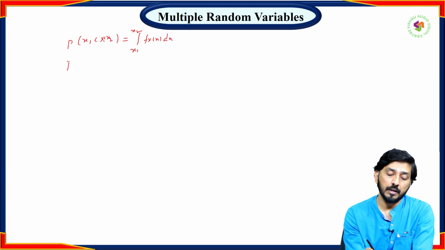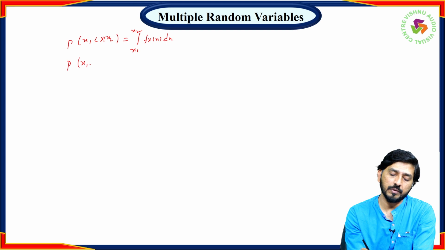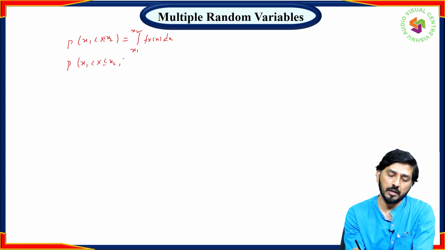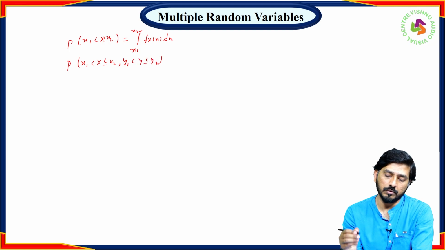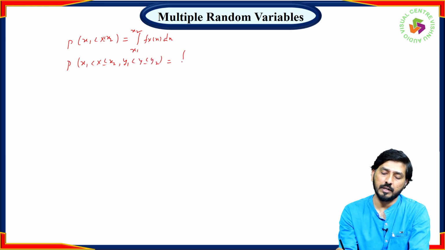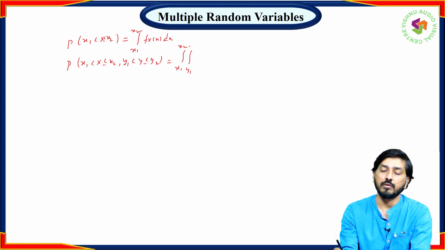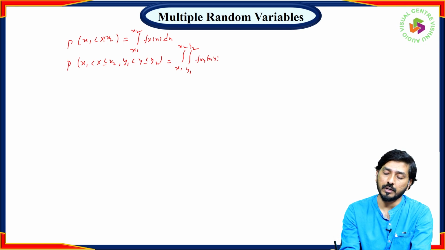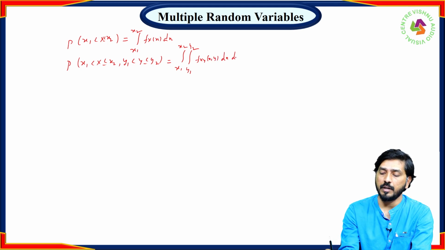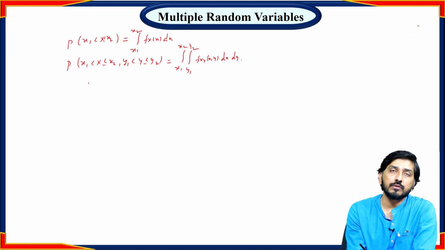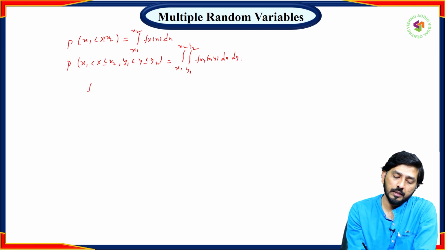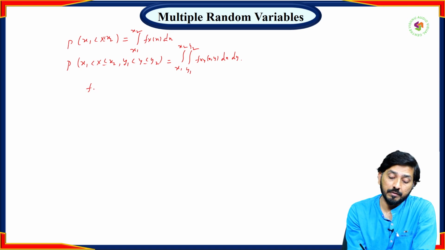Similarly, for two random variables, x1 less than capital X less than or equal to x2 comma y1 less than y less than or equal to y2, here it is the integral over two limits x1 to x2 and y1 to y2 of the joint density function fxy dx dy. Now here also we will come across the marginal density functions.